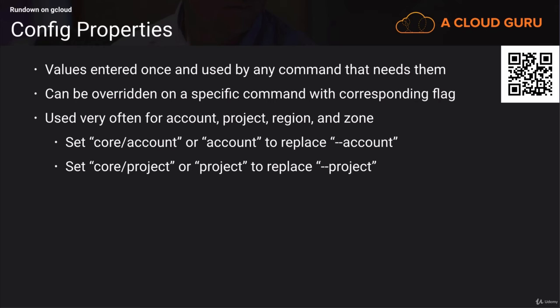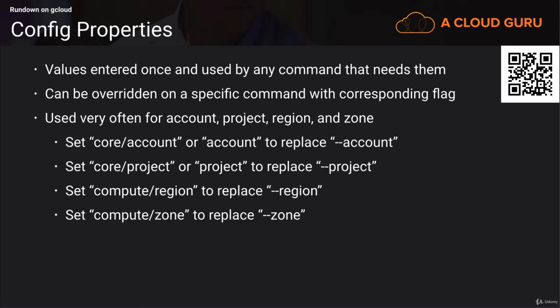And again, you can refer to this as simply project. Now if you want to avoid using the --region, you'll have to set the compute/region property. Just setting region by itself won't work. Similarly, you'll have to specify --zone for any command that needs it if you haven't set the compute/zone property.